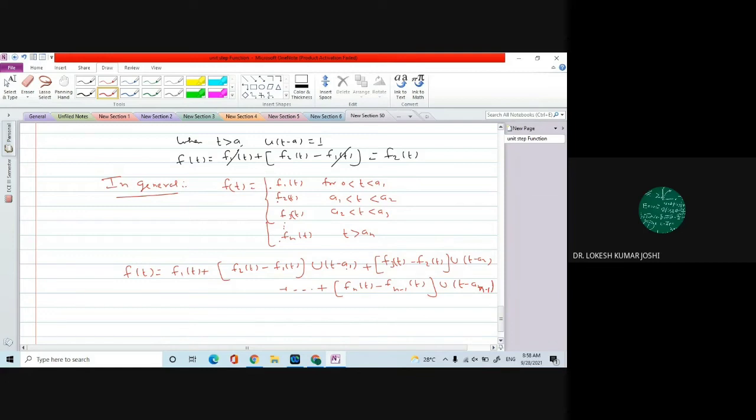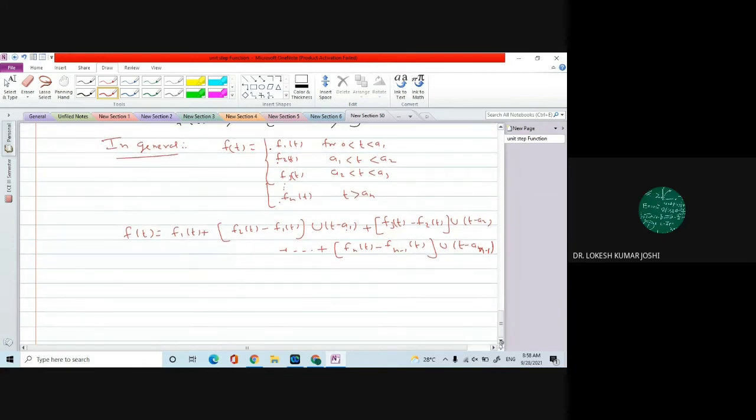Now we can see some examples based on this particular type. Example 1.